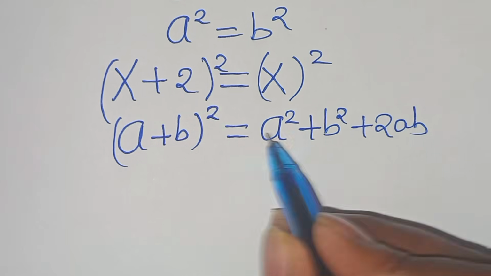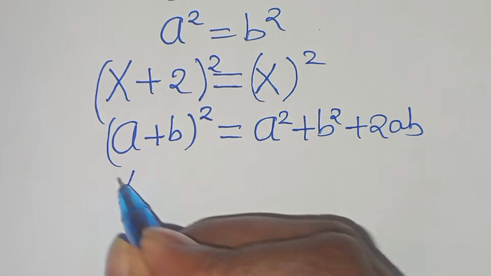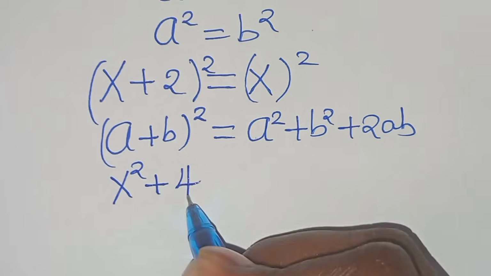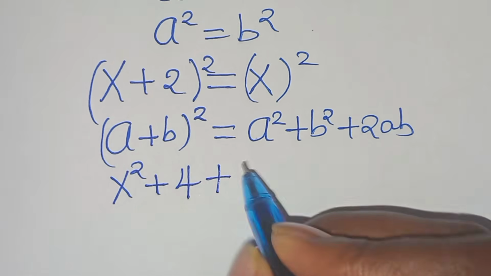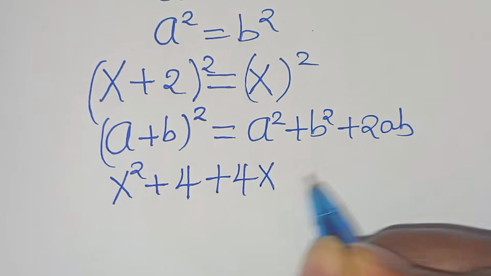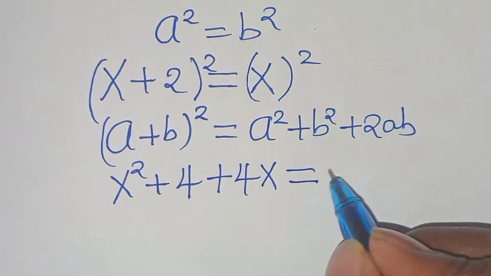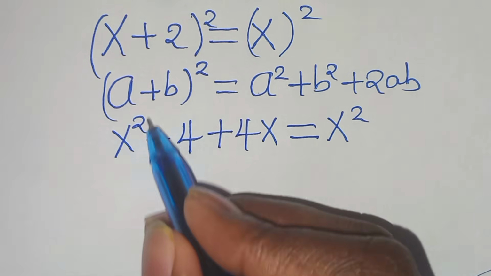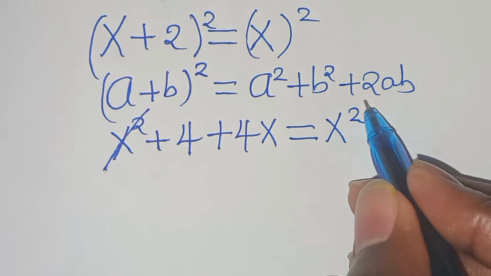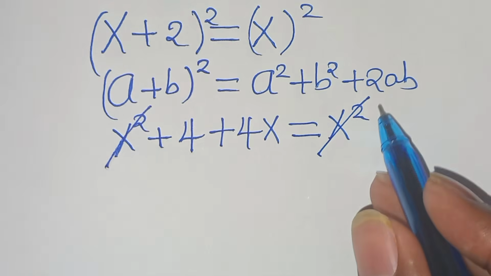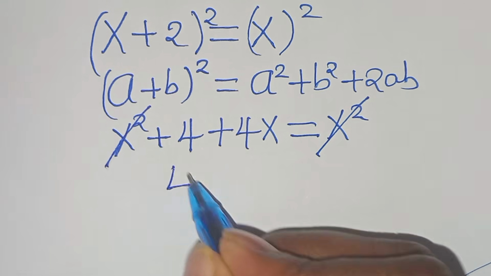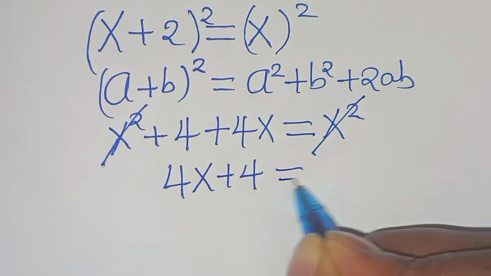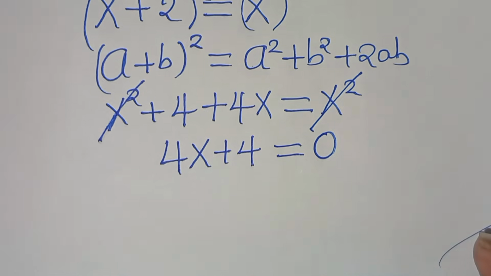Applying this algebraic identity, we have x squared, then plus 2 squared, which is 4, then plus 4x, equal to x squared. Now the next step is that x squared on the left hand side simplifies with x squared on the right hand side, so that now we have 4x plus 4 equal to 0.